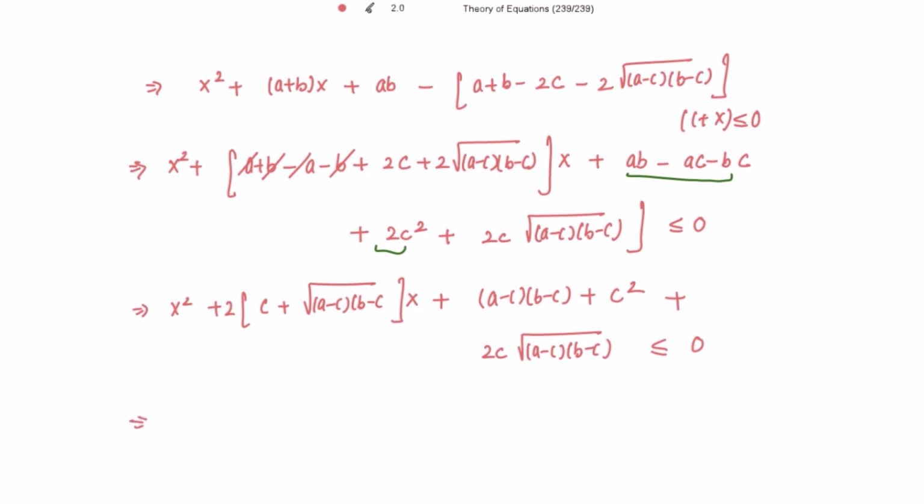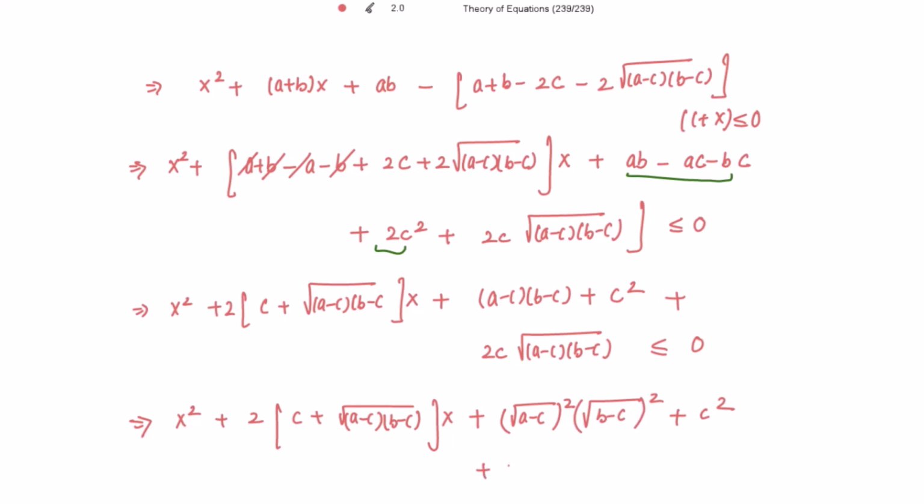Yes? Okay. So this is x² + 2(c + √((a − c)(b − c)))x plus, I can write (a − c)(b − c) as (√(a − c))² times (√(b − c))², plus c² + 2c√((a − c)(b − c)) ≤ 0.